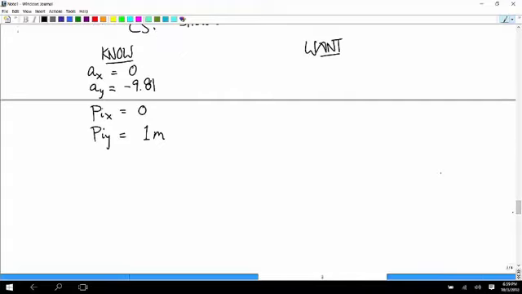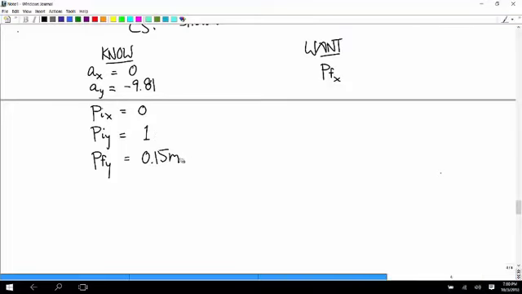Do we know anything about the final position? Yeah, we know that PFY is 0.15 meters, and PFX is what we're trying to find. Do we know anything about the initial velocity? Okay, so VIX and VIY, we do know both of those, because at the instant it's released, the ball is moving with the velocity of the bicycle.